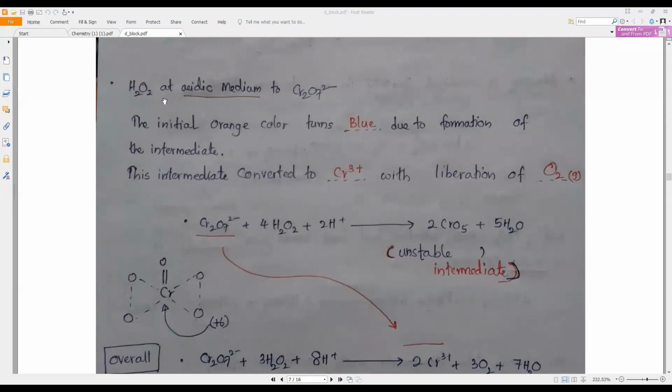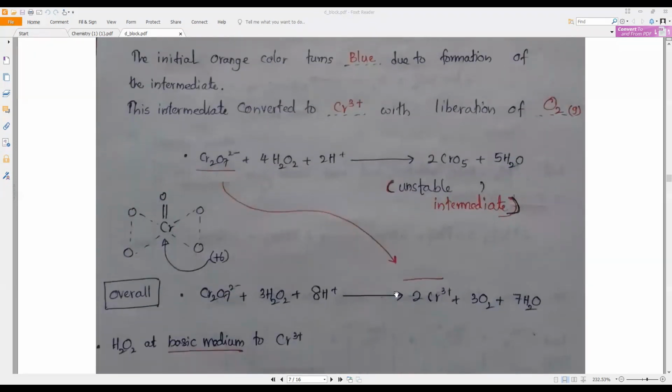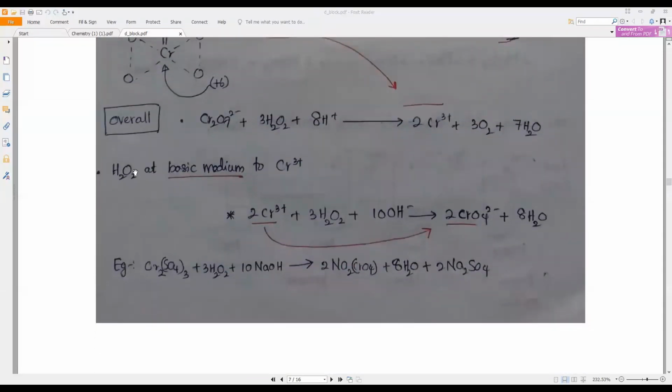See, if you have acidic medium H2O2, when you add dichromate, what is happening here? Chromium 3+ is formed at the end. And if you add H2O2 in basic medium to this chromium 3+, it will form the chromate, which is yellow in color. So typically this is the equation.